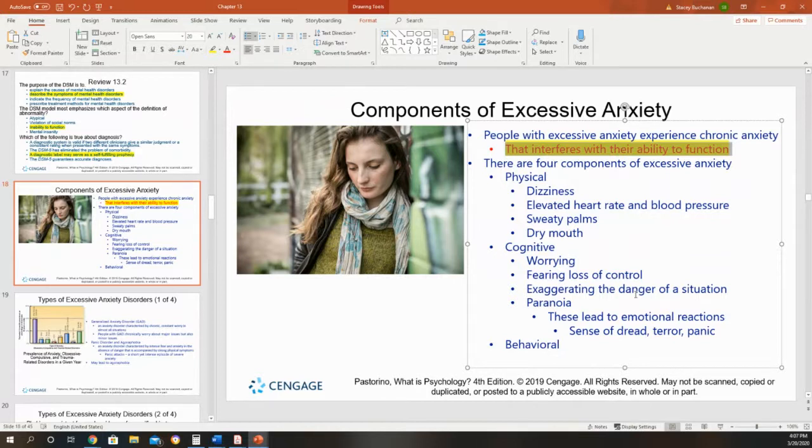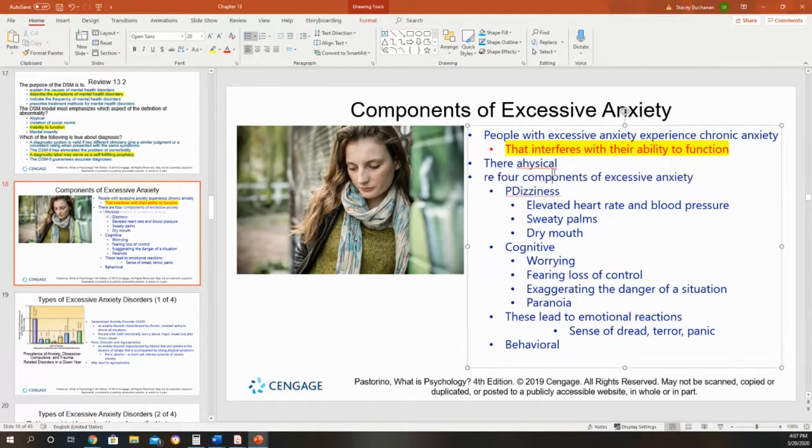So there are 4 components to excessive anxiety. I put cognitive and emotional together, but I'll separate it as we discuss it.